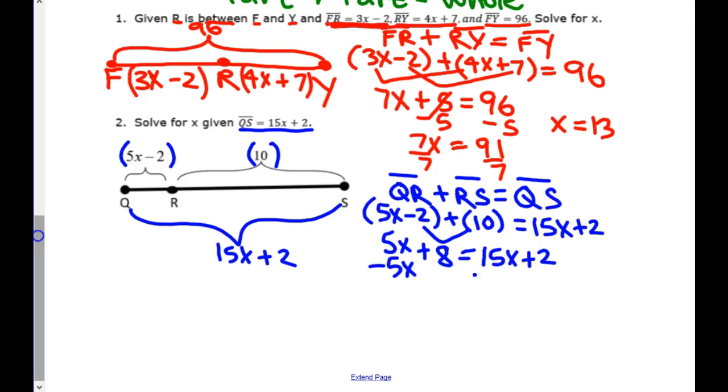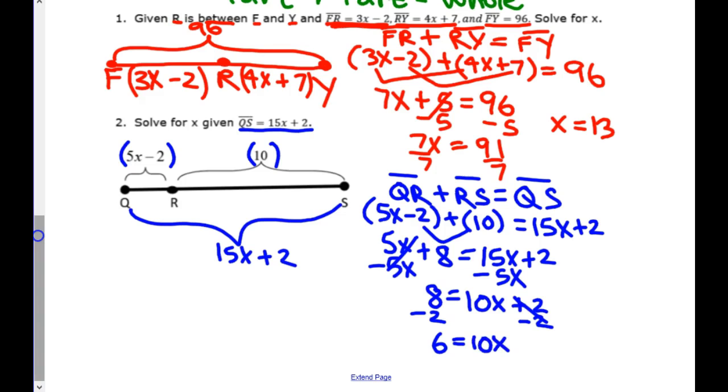Minus 5x, minus 5x. 8 equals 10x plus 2. And it's a two-step problem here. So we can get rid of the loner on the right side, which is positive 2, by subtracting 2. And this is weird. 6 equals 10x.